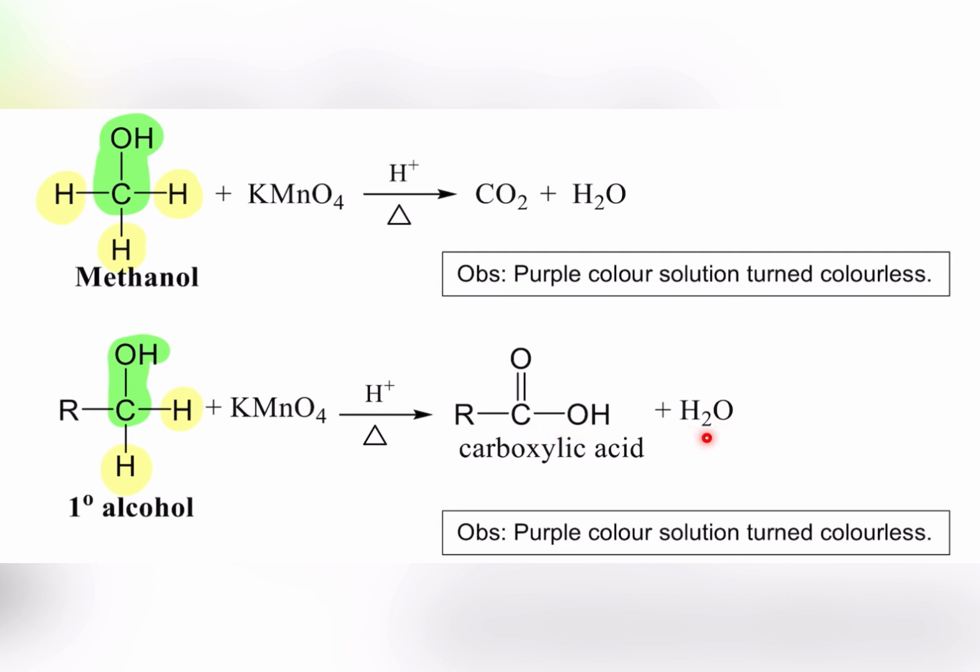So H2O, it is compulsory to write it down as your side product. So primary alcohol forms carboxylic acid in oxidation. And your observation is the same as methanol. Purple color solution turns colorless because we use the same reagent, acidified potassium permanganate.